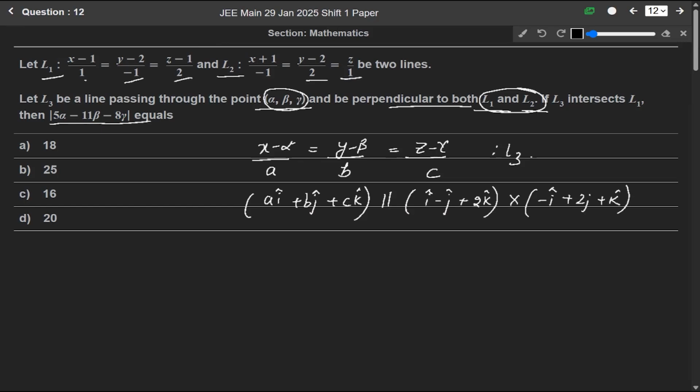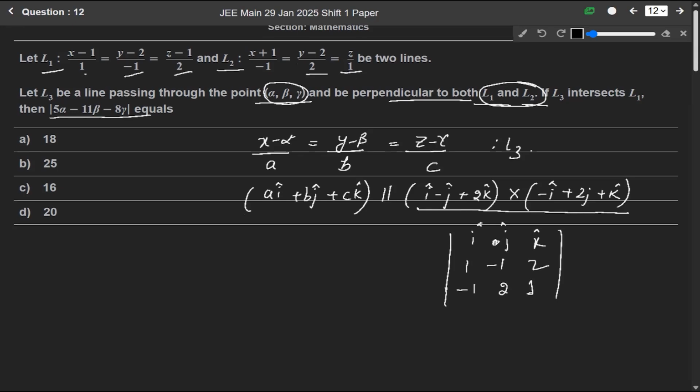When we solve this, A i cap plus B j cap plus C k cap is perpendicular to these directions, and the cross product means the determinant with i, j, k. For this we write 1, minus 1, 2, and from here minus 1, 2, 1.